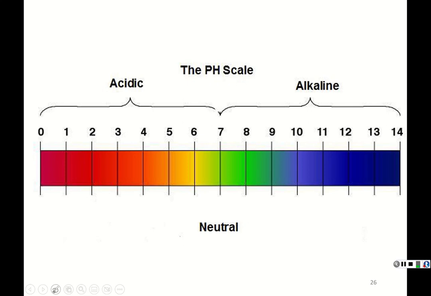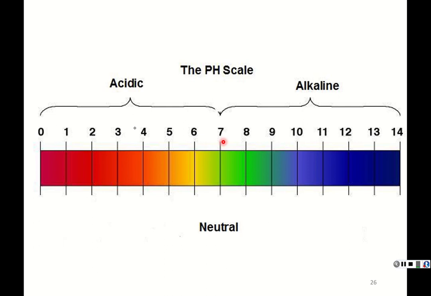Just to remind ourselves what the pH scale is, it's shown here from 1 to 14. This is based on the exponent on 10 in the Kw expression. That's really why it goes from 0 to 14.